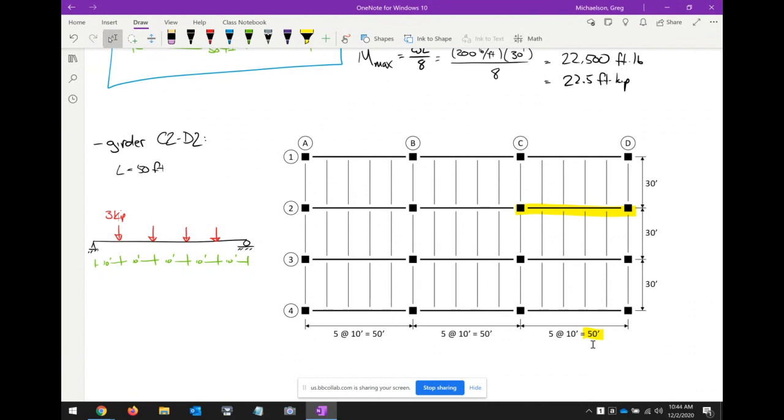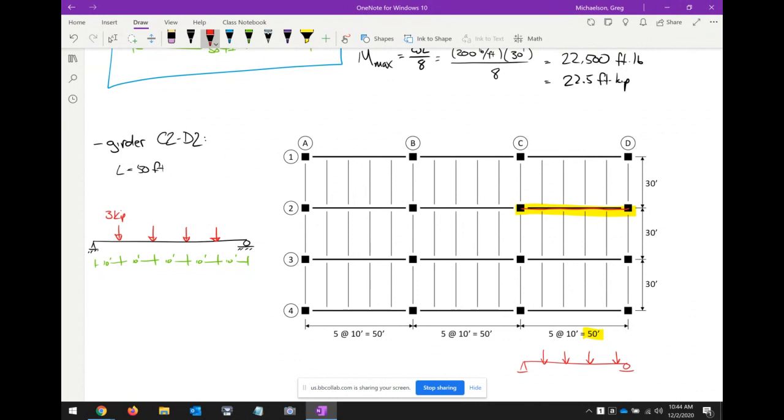Here's what I'm getting at, okay? No, no, you're fine. You're completely fine. Here's my point, okay? Let's take a look at this floor beam. So here's the floor beam, right? And I've got 1, 2, 3, 4.